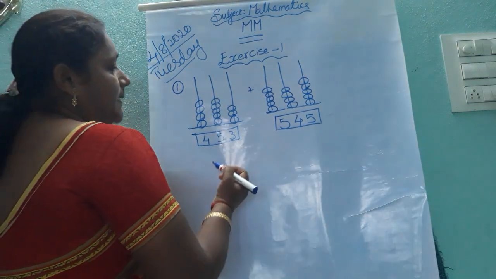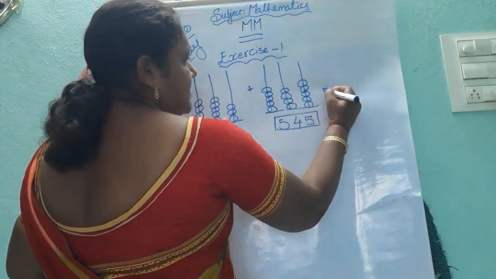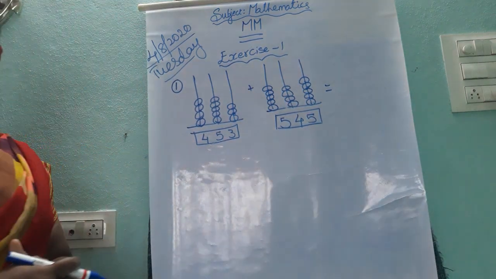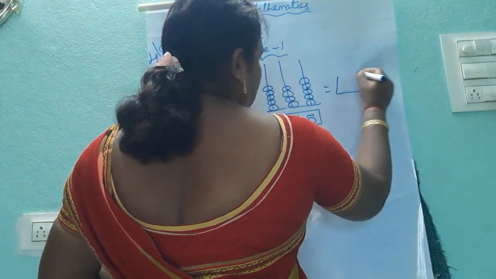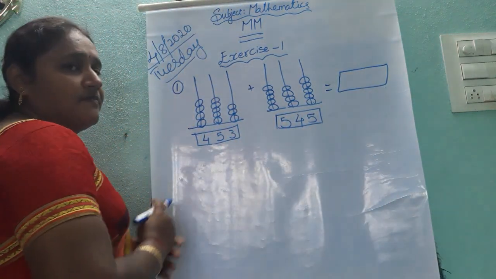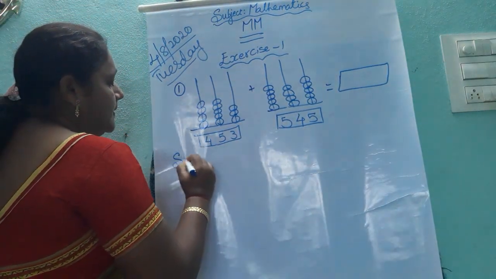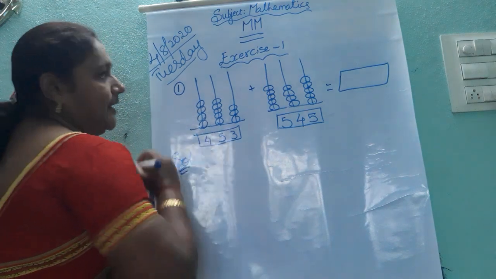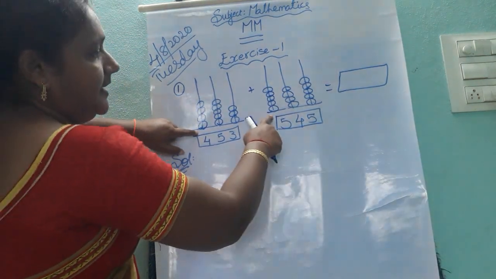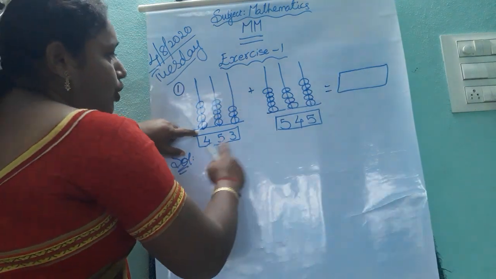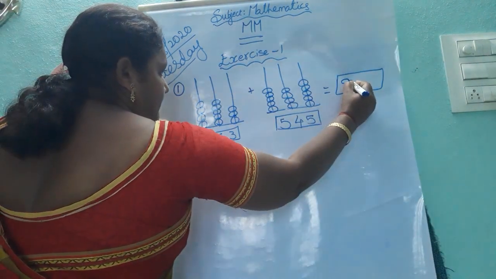If you observe this, they are asking us how much is this total. They ask us to tell the answer. Okay, how will you do it? By counting the beads, we can say in the hundreds place 4 beads are there. Again here in the hundreds place 5 beads. 4 plus 5, 9.